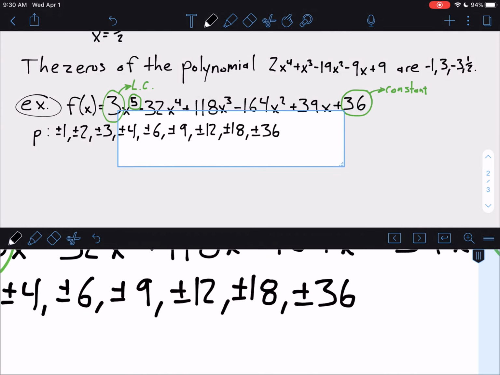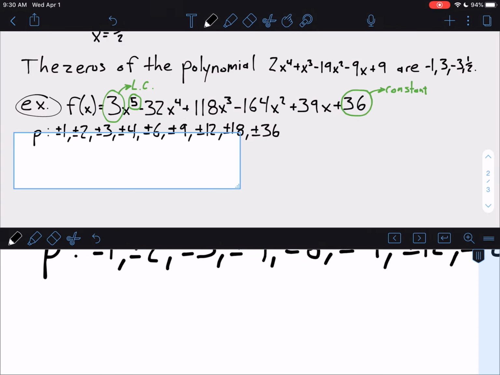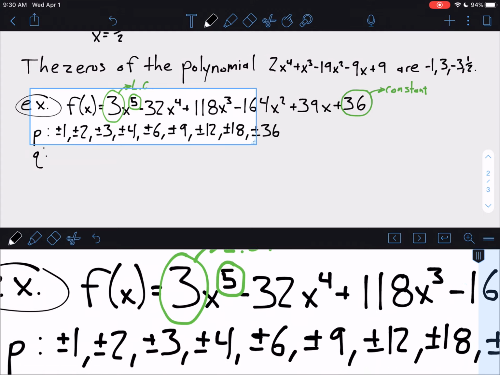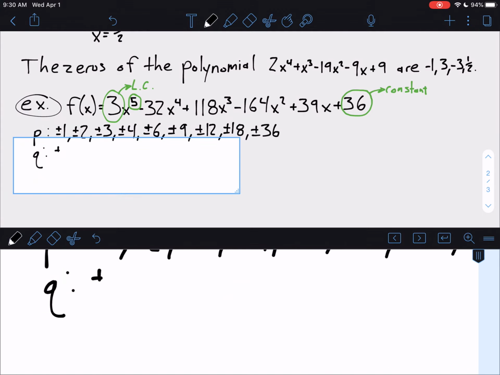So there's 9 different possible values of p. And fortunately, q is going to be a lot simpler because my lead coefficient is just 3, and the factors of 3 are 1 and 3.